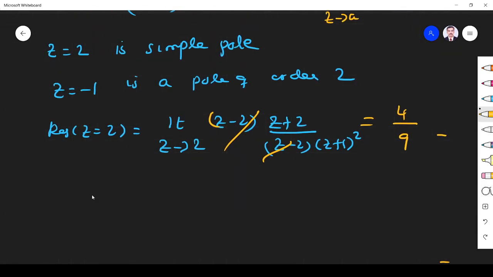For a pole of order m, what is the residue? That is given by limit z tends to minus 1, 1 by (m minus 1) factorial, d power m minus 1 by dz power m minus 1, (z minus a) whole power m into f of z. Here m is the pole of order 2, so m is equal to 2.